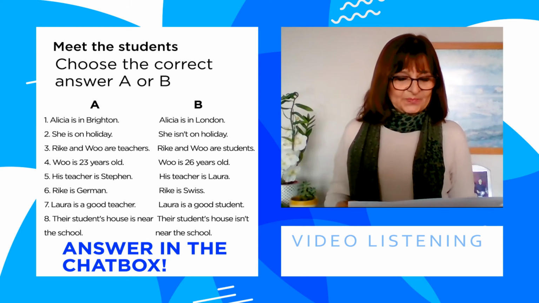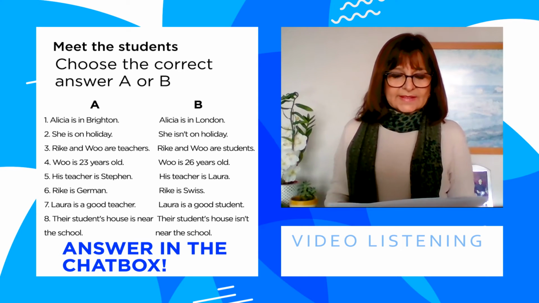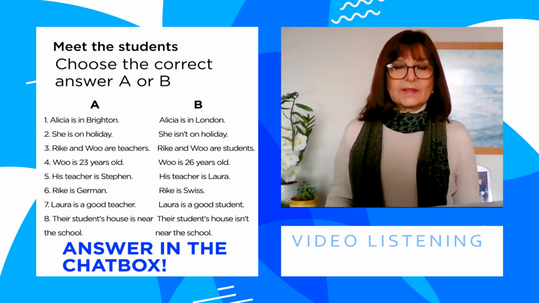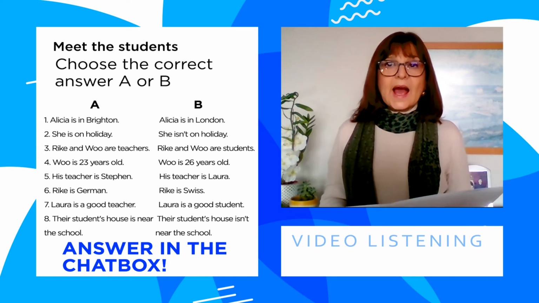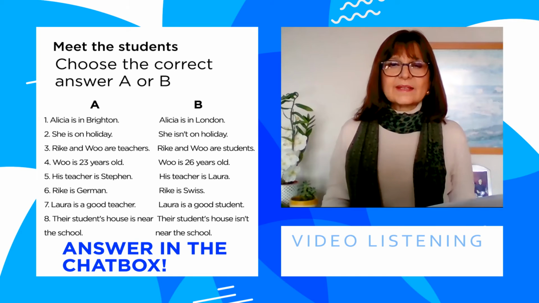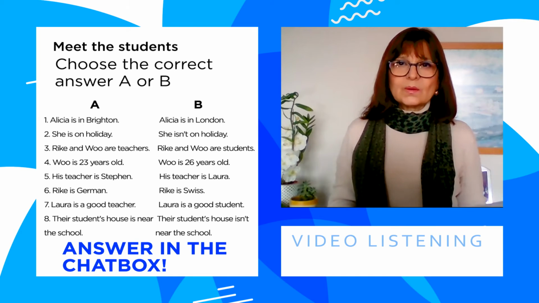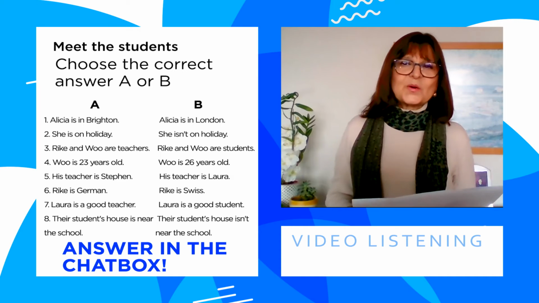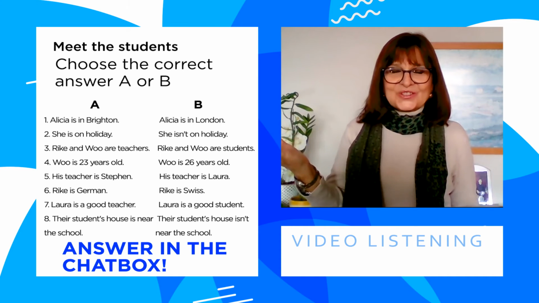Last sentence. Their student's house is near the school. Their student's house isn't near the school. Which one is correct? A or B? You have to choose.